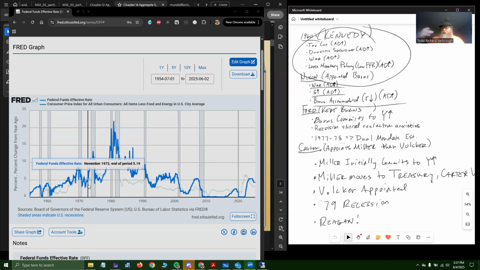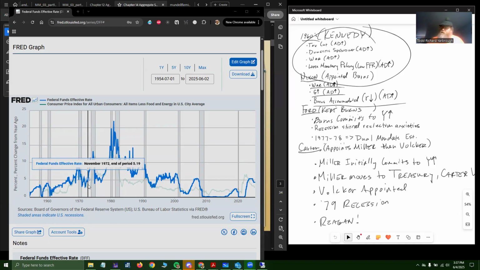The language he's using is about keeping the economy growing. It's not even about inflation at all. Burns is not even really thinking about inflation, which is very interesting. So Burns commits to increasing output. The recession also stirred re-election concerns for Ford. So there's always this aggregate demand boost from proposed government spending.